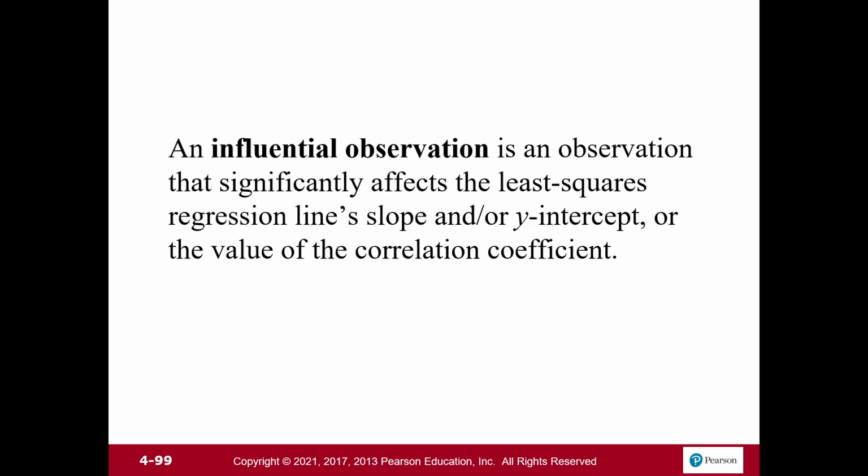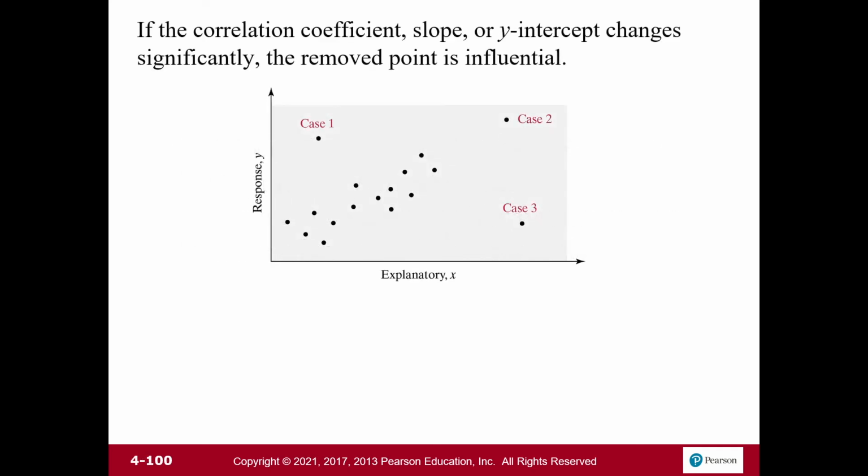An influential observation is an observation that significantly affects the least squares regression line slope and/or y-intercept, or the value of the correlation coefficient. In this data, they've identified 3 cases where these observations will affect our statistical calculations.